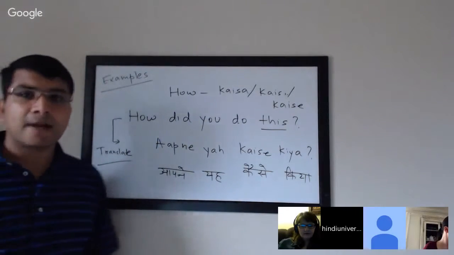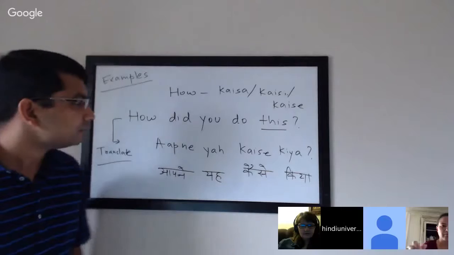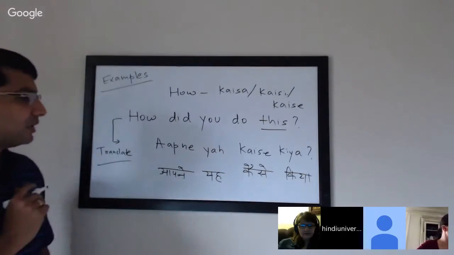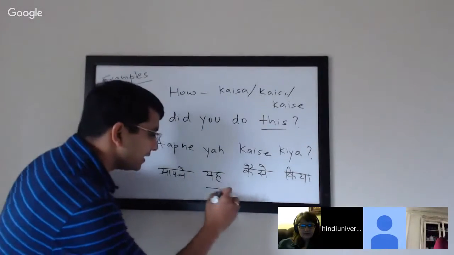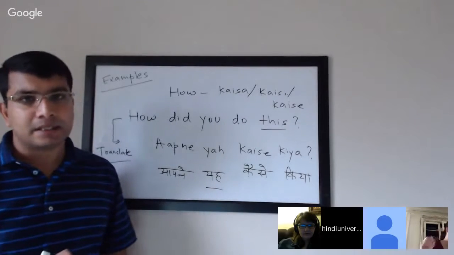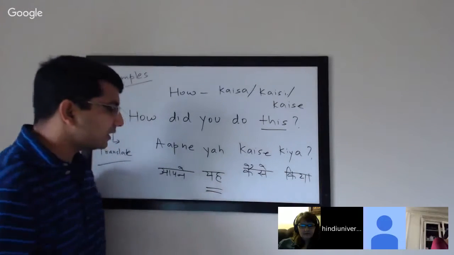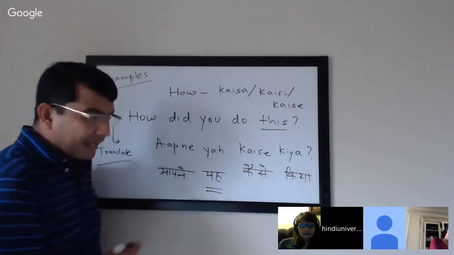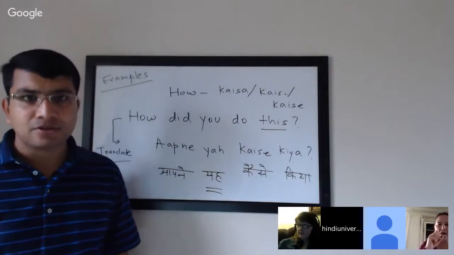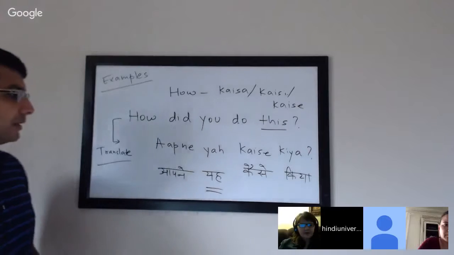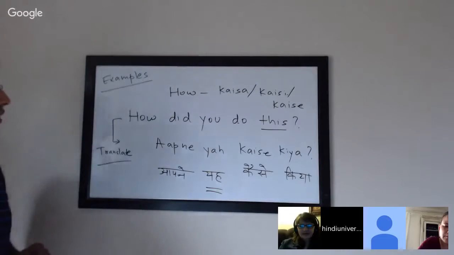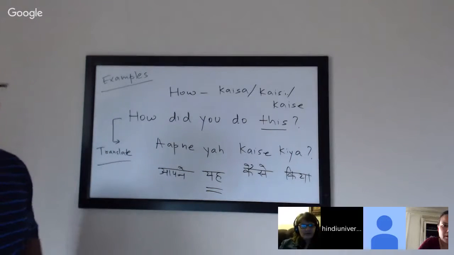How did you do this? आपने यह कैसे किया. In fact, the more I think about the earlier sentence, even when you say यह, that will be grammatically correct. There's nothing wrong with it. But I've often seen people using ऐसे also in that. So both of them are correct. Okay. So how did you do this? आपने यह कैसे किया.